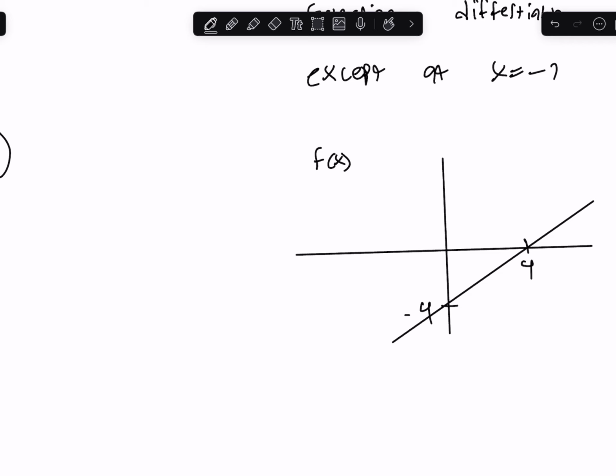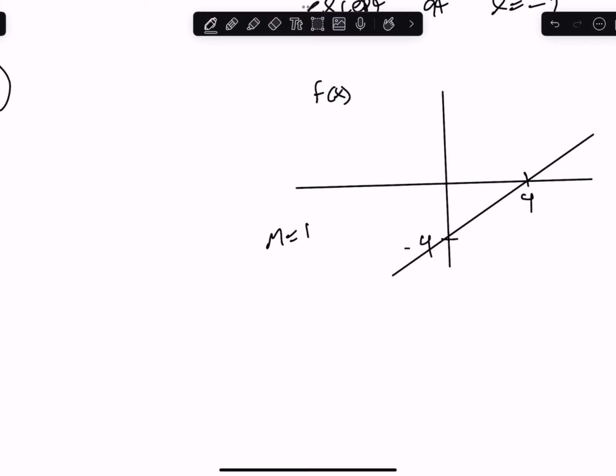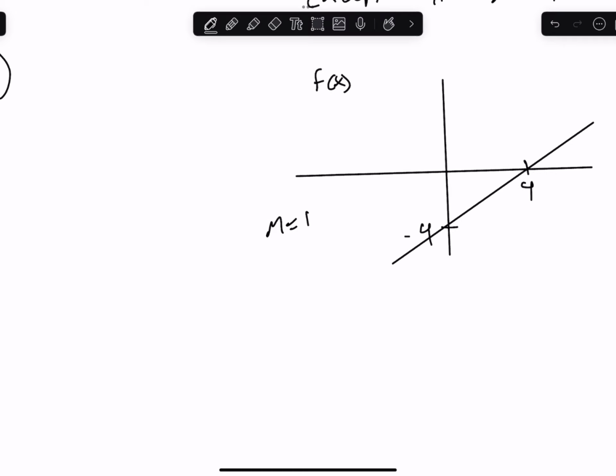If we use our rise over run to find our slope, since we see there is a 4 right here and a 4 right there, we identify that our slope is equal to 1. M equal 1. We also can see that our equation is y equal x minus 4.